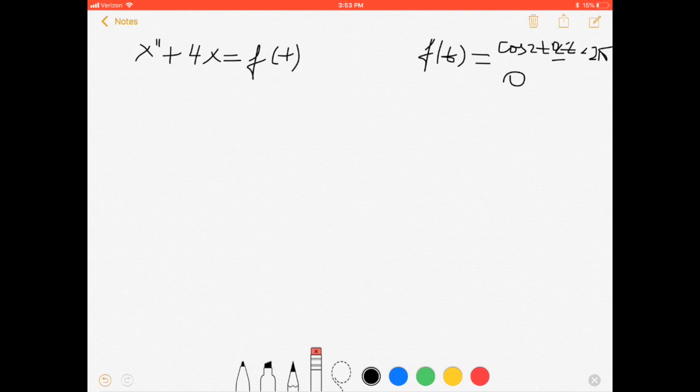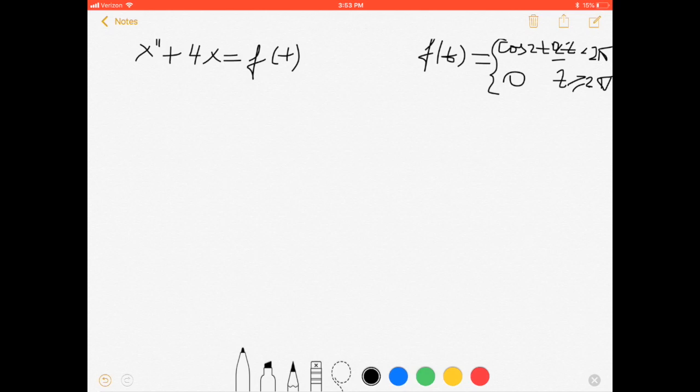And 0 if t is greater than or equal to 2 pi. This means our function is exactly from the example we solved before. And use Laplace transformation for this equation.